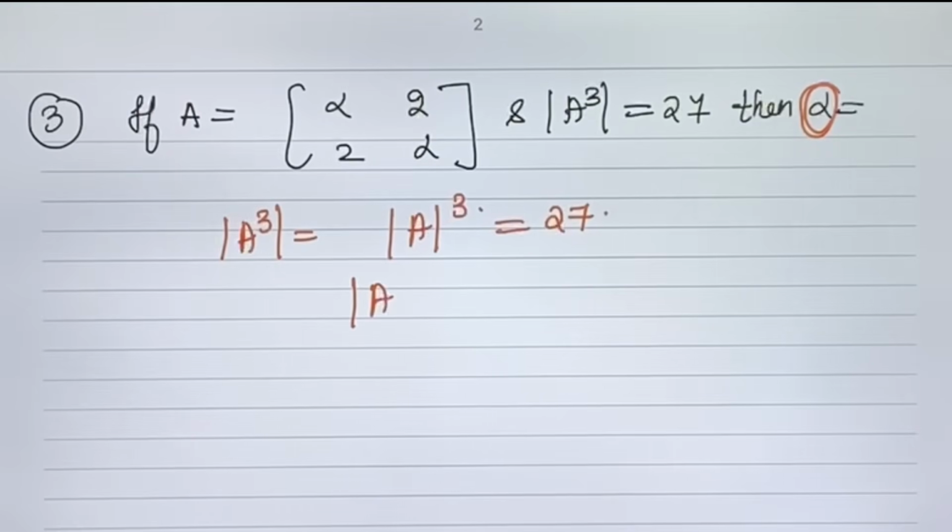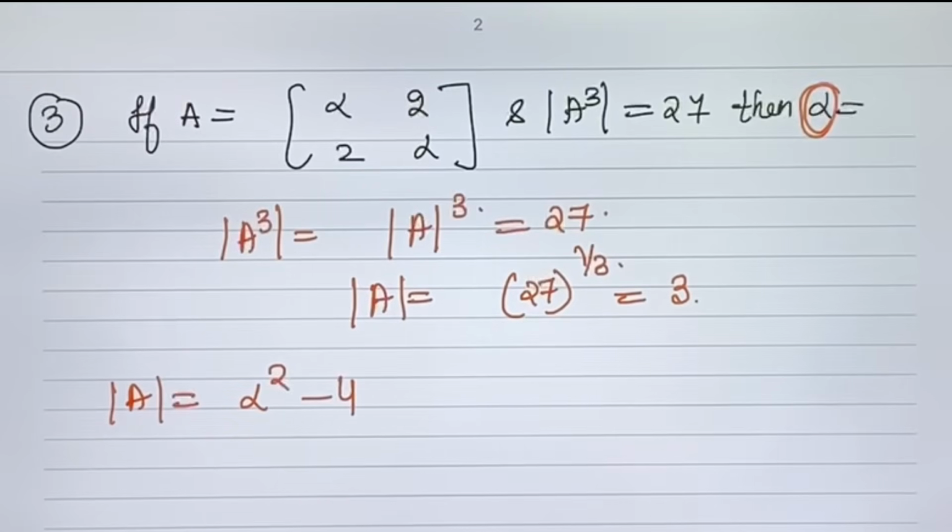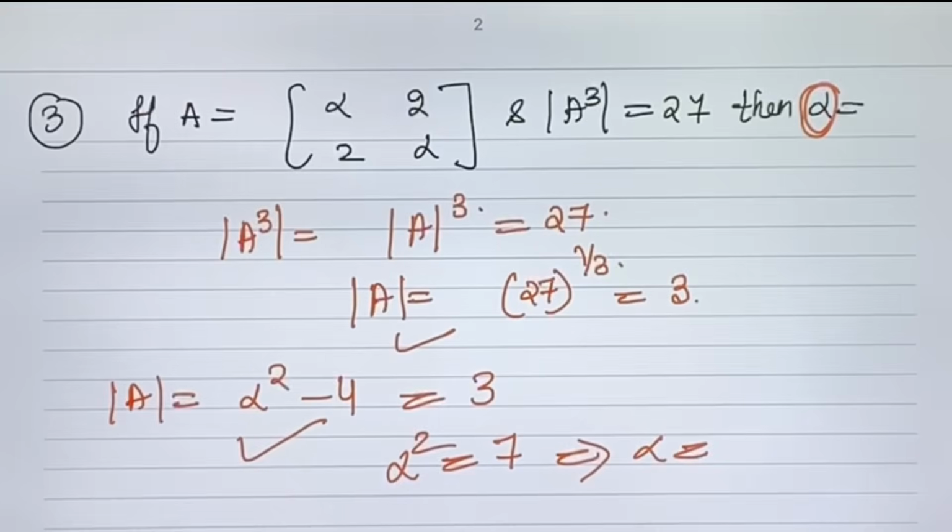I will find out det of A is equal to 27 to the power 1 by 3, and it becomes equal to 3. I will find out det of A from the matrix, that is alpha square minus 4. This and this are equal and it becomes alpha square is equal to 7, which implies alpha is plus minus root 7. Understood, everyone?